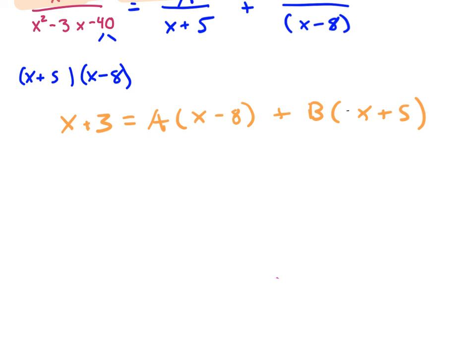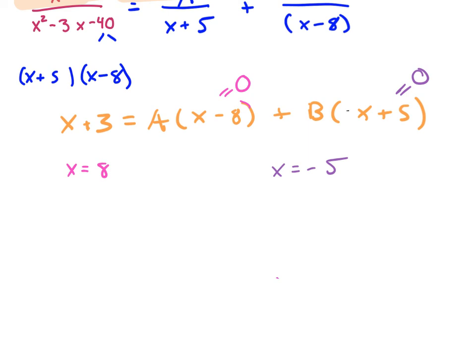Now you have to see if an x value can make it 0. So what value gives us 0 here? 8. Awesome. So x is equal to 8 is going to be the first thing we plug in, and then what value gives us 0 here? Negative 5.